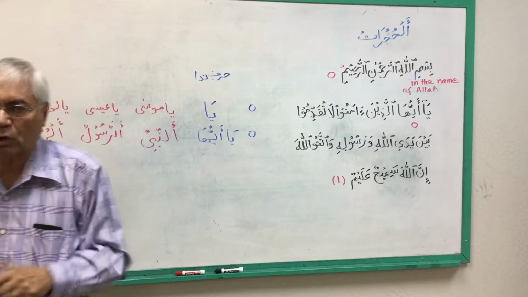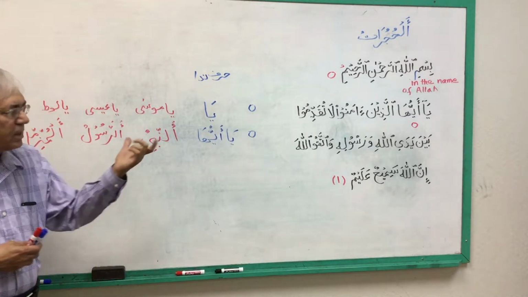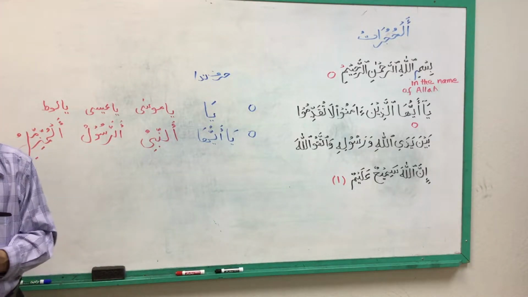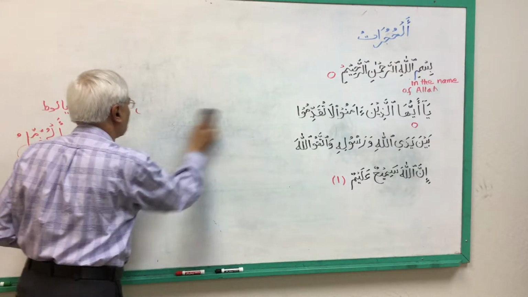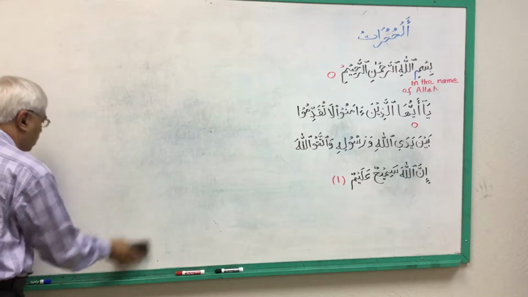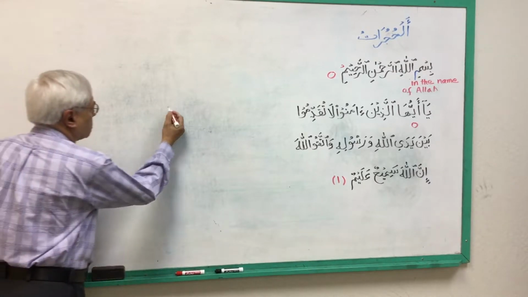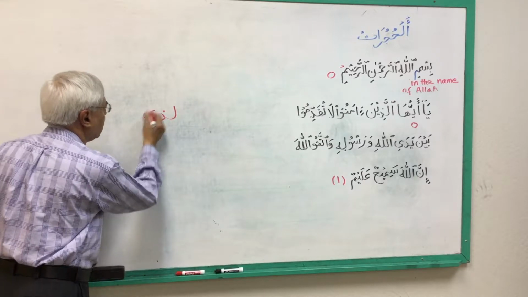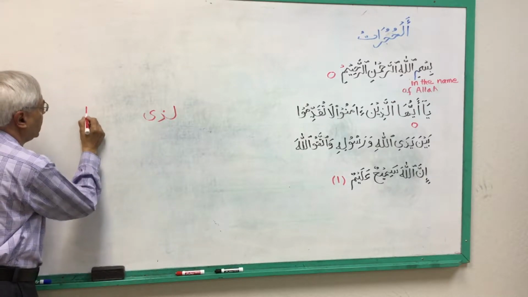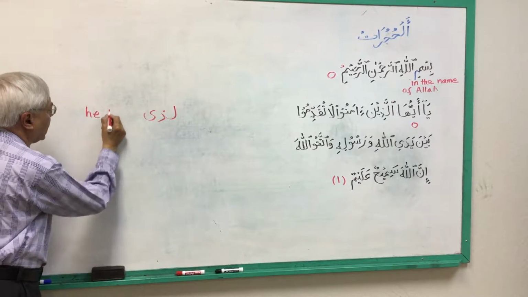So we have Al here. Alladhina. So what is Alladhina? Alladhina Amanu is a title. Okay, so let's look at that word. The word starts with these three letters. Ladhi means he or that.